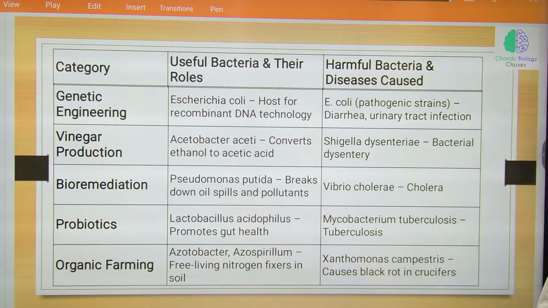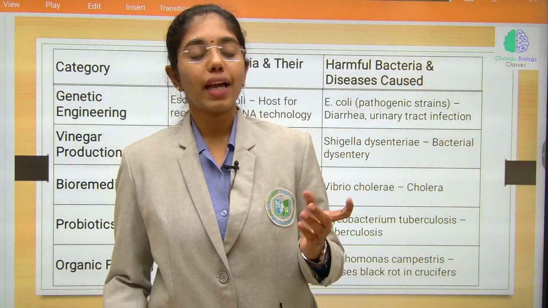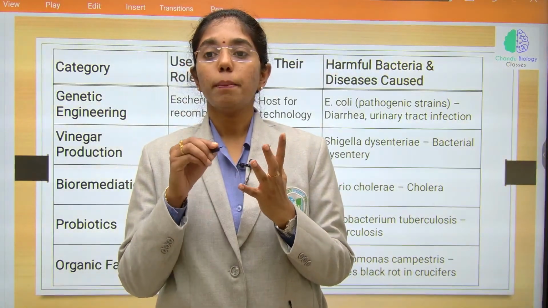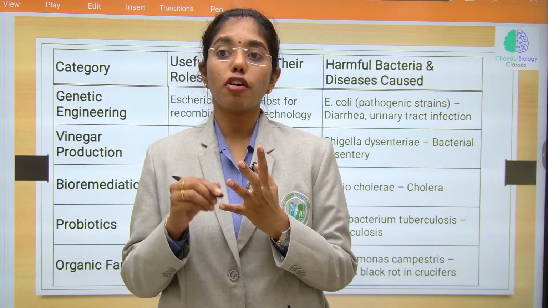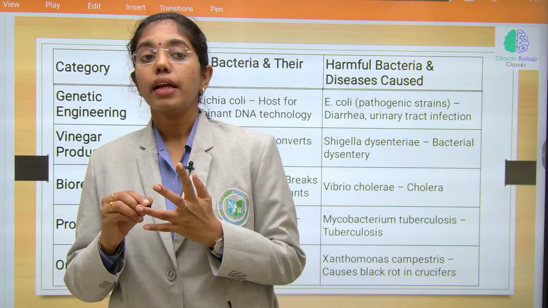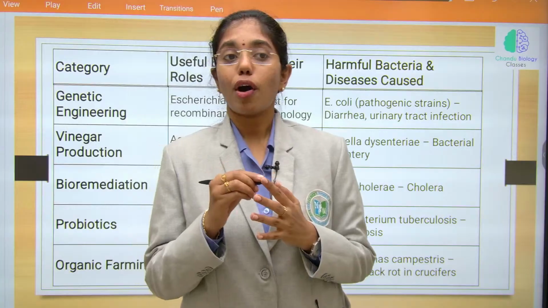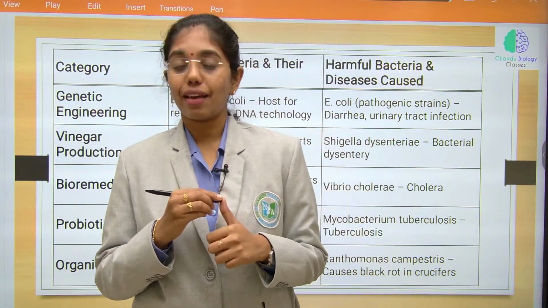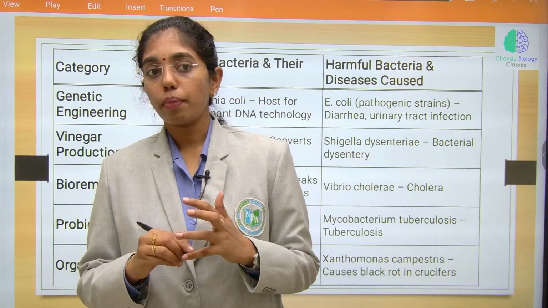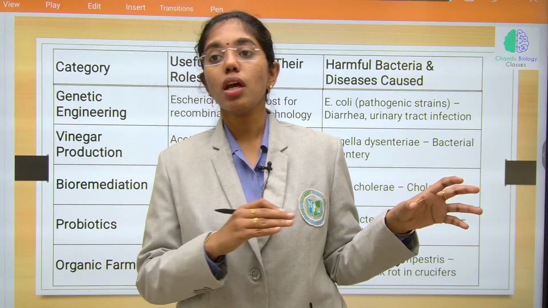So with this the chapter on bacteria is done. What all we have learned: starting from bacterial distribution, introduction, discoveries of bacteria, followed by different shapes of bacteria, sizes of bacteria, followed by the prokaryotic cell, and then nutritional diversity in bacteria, followed by reproduction, both asexual reproduction, binary fission, and sexual reproduction.